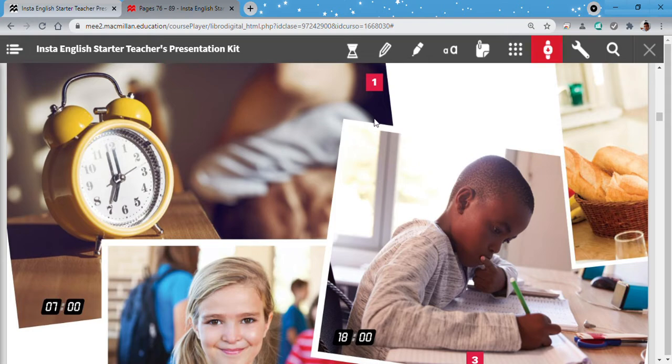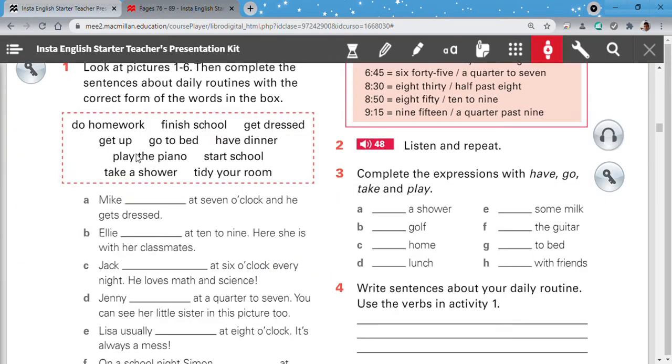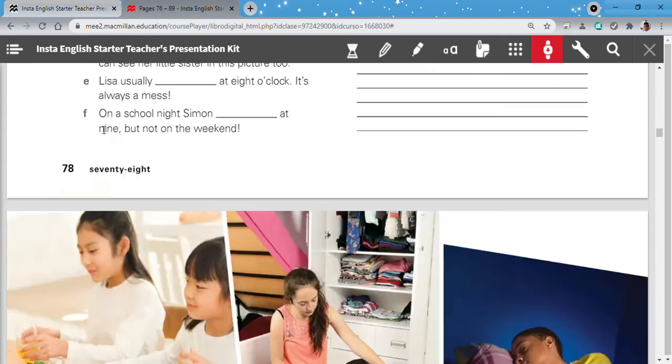So I get up. Maybe here you're sleeping, no? Get up. And number 2 could be start school. Okay, it's a possibility. Or finish school. It depends on your point of view. Number 3, that's very easy. Do homework.